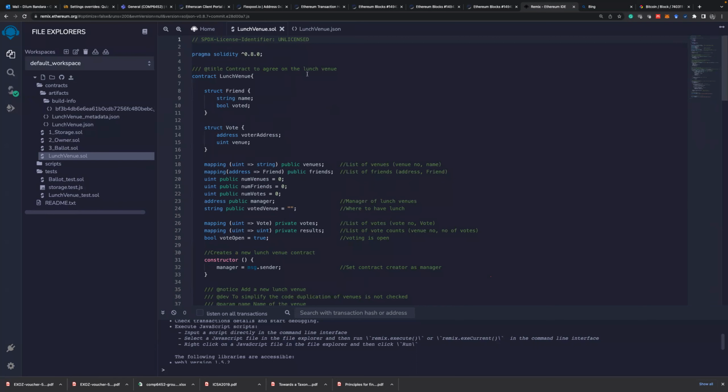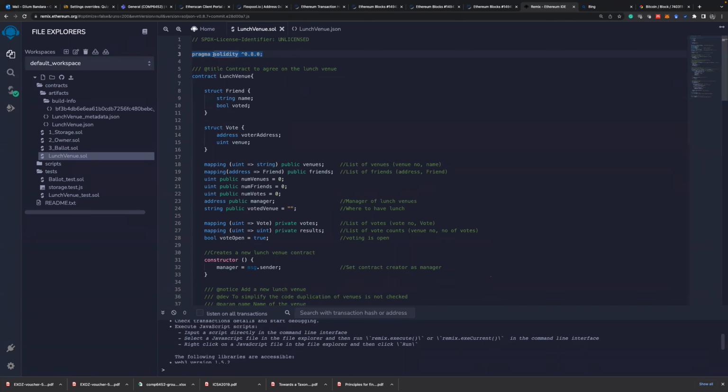Okay. So this is a simple contract. Let's say some of you are deciding where you want to have lunch. And for that, you are going through a voting process. So the name of the contract, essentially our class name, is LunchVenue. And this is a preprocessor directive, essentially saying I'm going to compile this program.